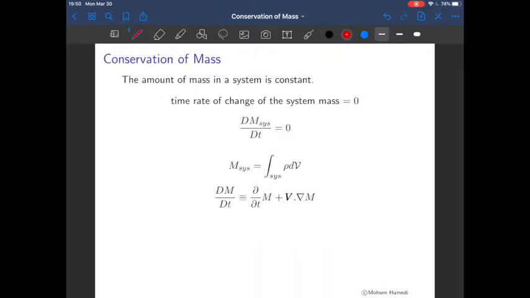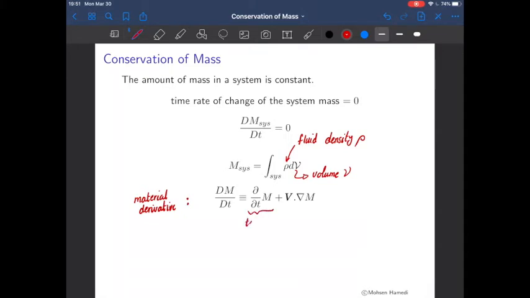where here the mass of the system is equal to the integral over the system of the multiplication of fluid density, which is rho, and also the volume, which is shown with this curly V. And also the material derivative is defined as this equation, which has two terms.